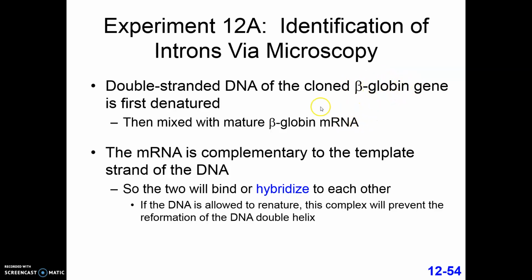We could have endless supplies of messenger RNA for this. When we take the messenger RNA from this and try and hybridize it back to the DNA, we noticed that something weird was happening.